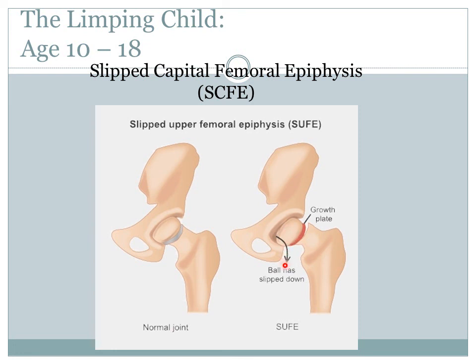It will move downwards and posteriorly or backwards at the level of the growth plate or the physis of the neck of the femur. So the upper femoral epiphysis will leave its place and displace inferiorly and posteriorly relative to the neck of the femur, leading to one of the most common causes or etiologies of limping in this age group.